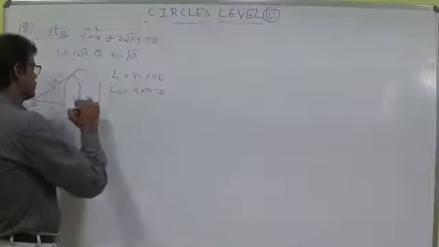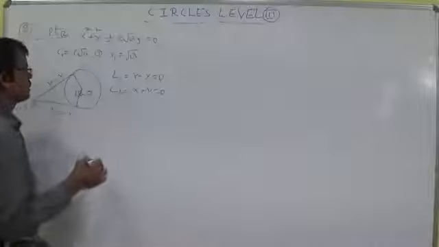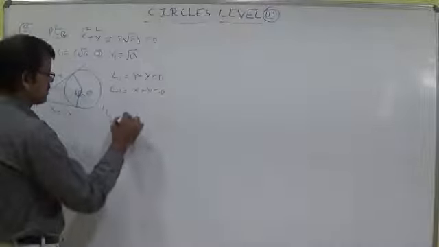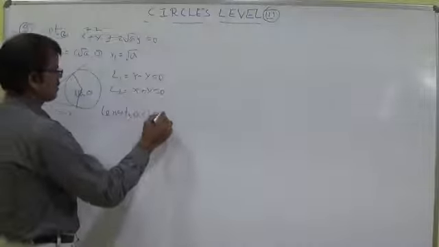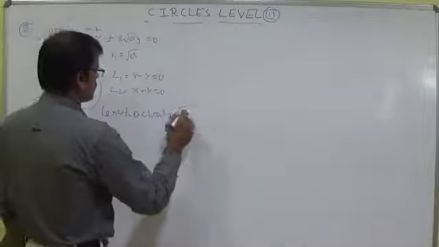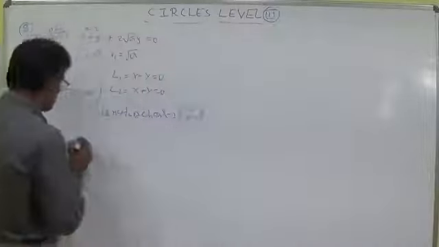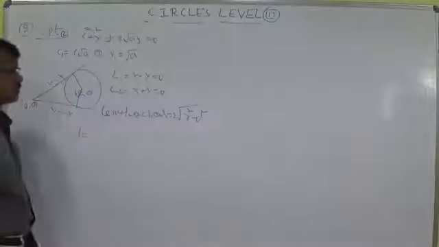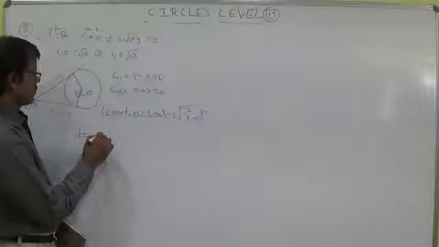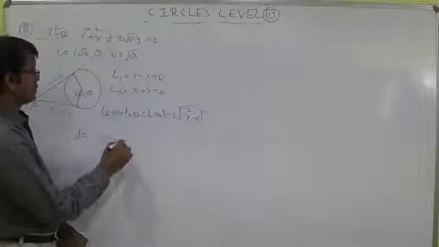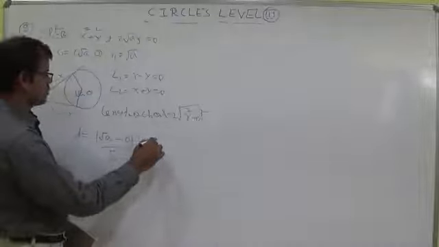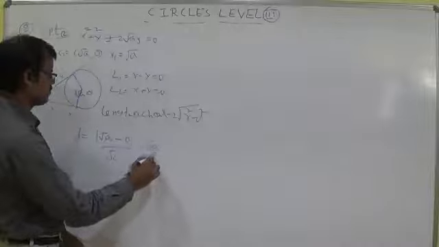R is root A, and the length of chord formula is 2 root r square minus d square. What is d? The perpendicular distance from center to the line: root A minus 0 modulus by root 2. So root A by root 2 is d.